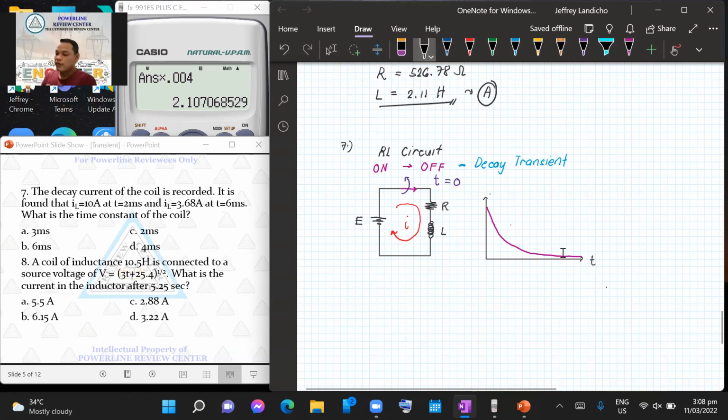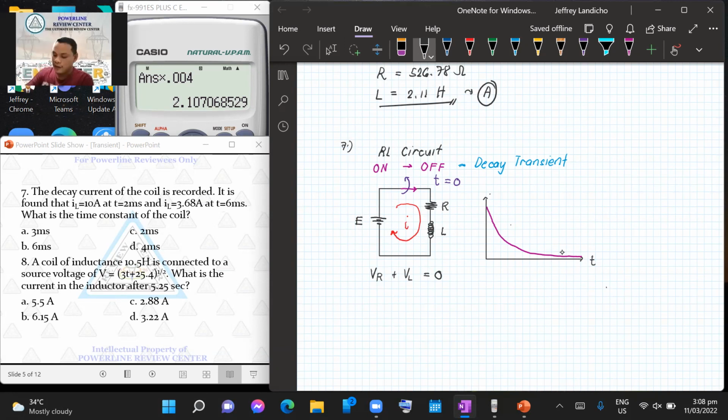So therefore, if we want to get the equation of this decay transient or decay current, at time equal to 0, the switch is closed. So when you apply KVL there, the voltage drop across R plus the voltage drop across L, since our switch is now open, would be equal to 0.